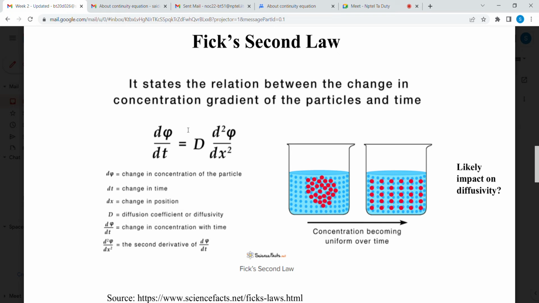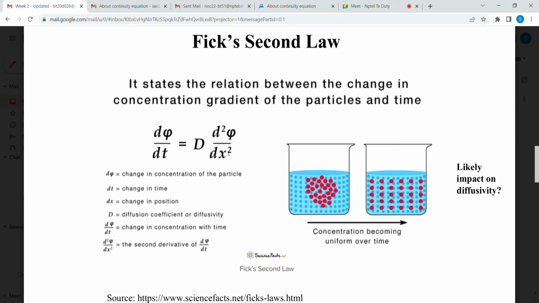Now, what I said is the rate of change of concentration at a point with respect to time is related to the rate of change of concentration with respect to a given point.